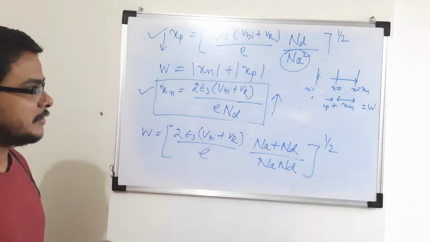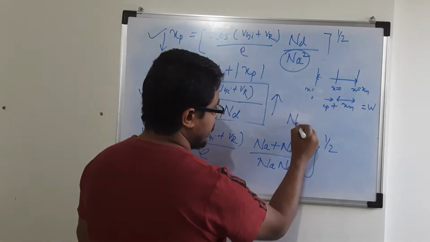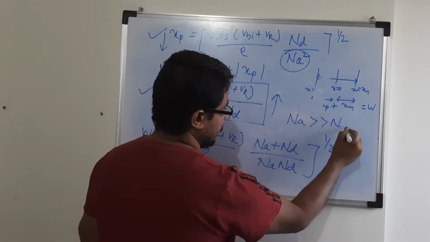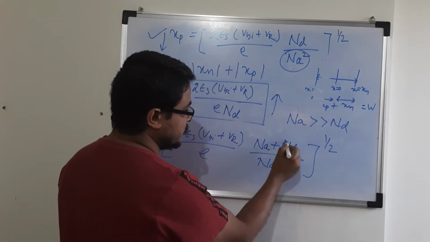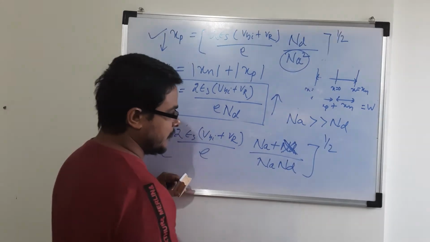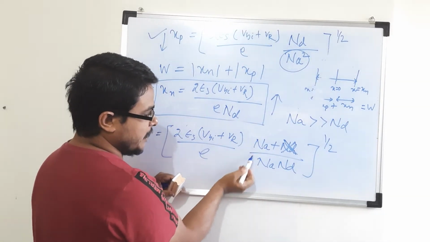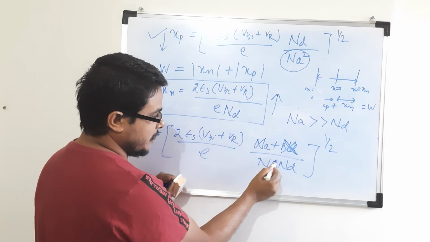Now the same thing, what the condition was, Na is much larger than Nd. So here, if I ignore this Nd, you can see Na is there, Na will be cancelled.